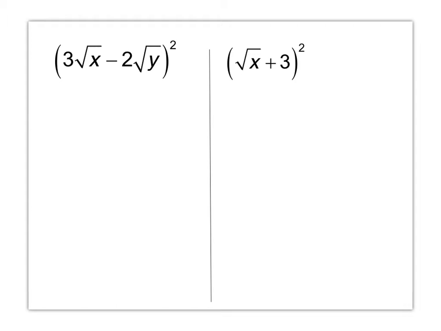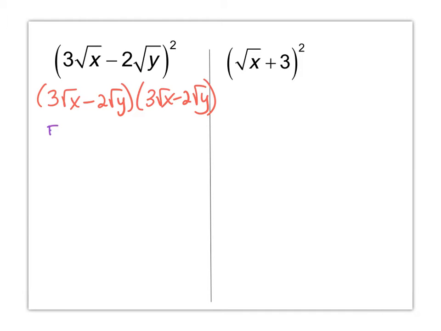All right, in this example, we see the entire quantity, 3 square root of x minus 2 square root of y, the entire quantity is squared. To solve this type of problem, we want to write this as 3 square root of x minus 2 square root of y times 3 square root of x minus 2 square root of y, and make sure to use the FOIL process.